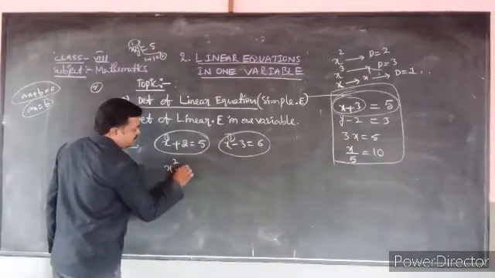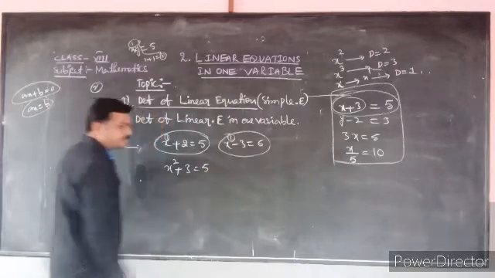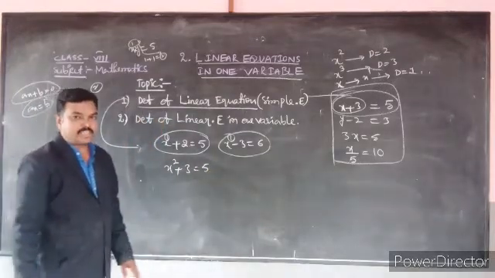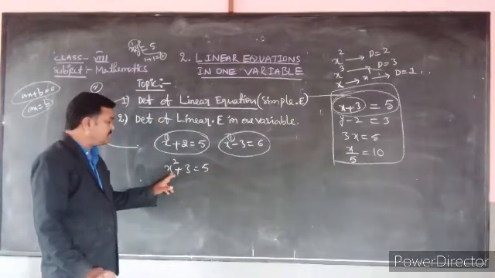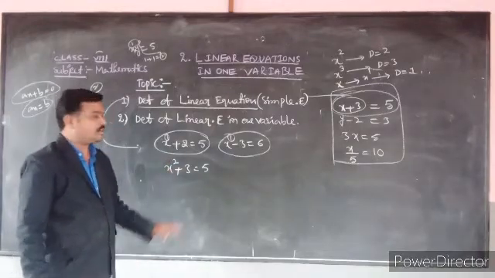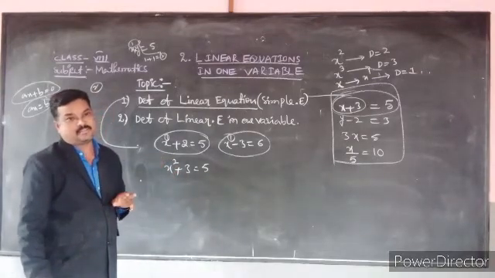See, x squared plus 3 is equal to 5. Here also one variable is given, but this is not a linear equation because the degree is 2 here.